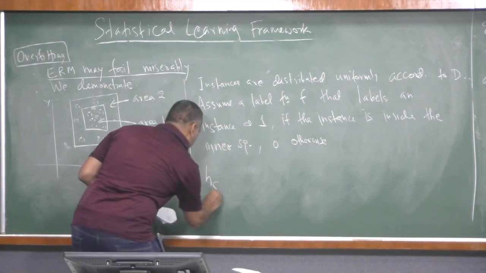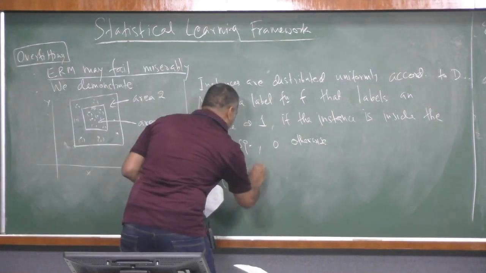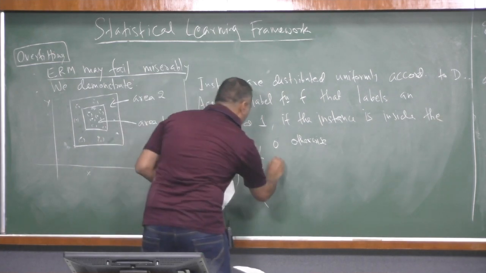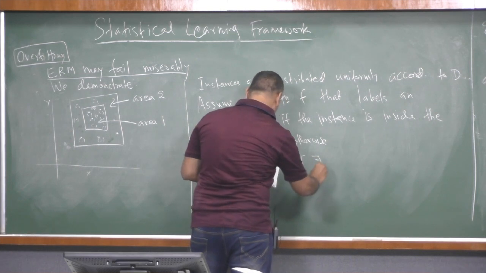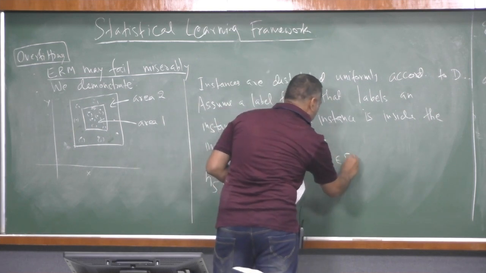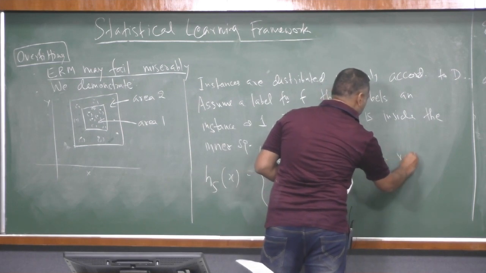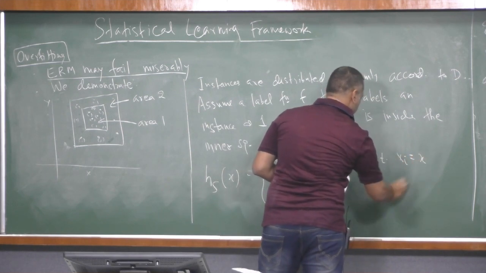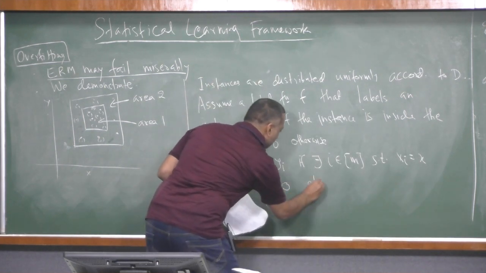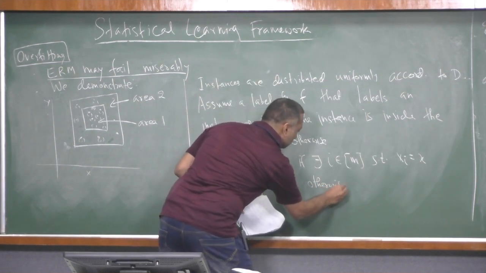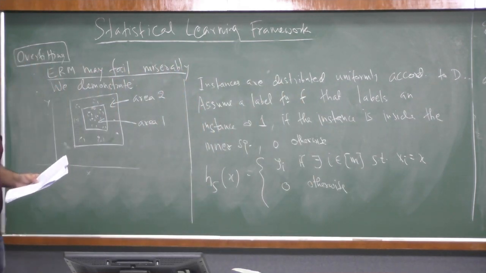You will say this is just cooked up somehow, but let us see. H outputs 1 if there exists i in the index set M such that x_i is x, and it is 0 otherwise. Take some time to think a little bit.